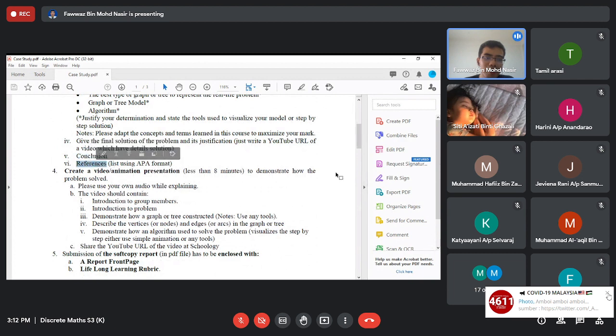Okay, jadi references ni just masukkan saja apa reference yang atau website ke buku ke yang korang refer tu into your report. So references uses the APA format, okay, APA format. Ataupun yang APA format ni juga kadang-kadang orang sebut sebagai author year punya format.